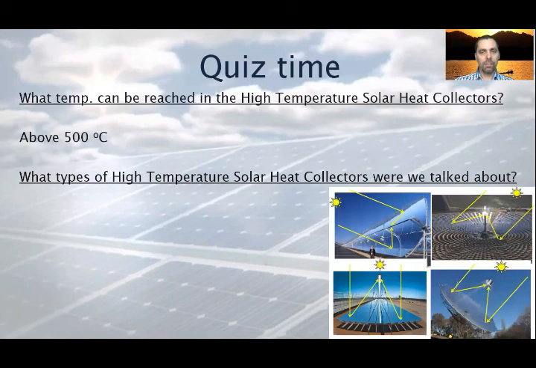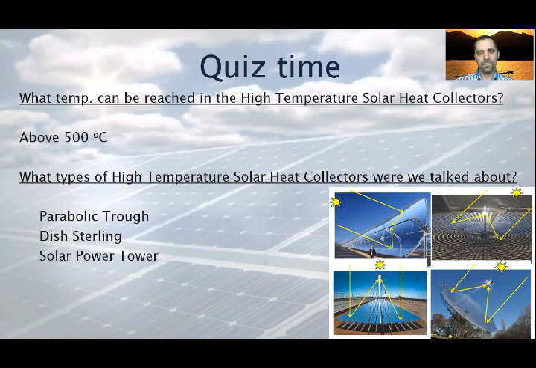What types of high-temperature solar heat collectors were we talking about? Parabolic trough, Stirling, solar power tower, and finally the Fresnel reflector.